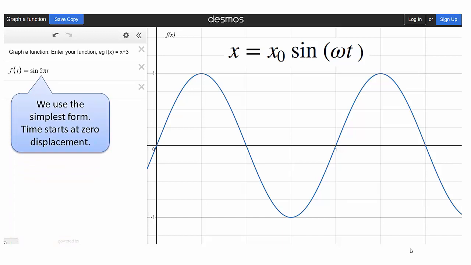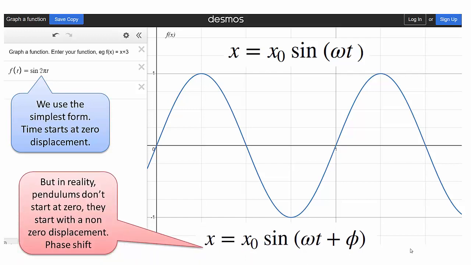We use the simplest form. Notice that time starts at 0, displacement 0. So this is if a pendulum were to start in the equilibrium position and start moving from there. So this is a very theoretical, simple expression of this formula. Now, in the data booklet, it's more like this.